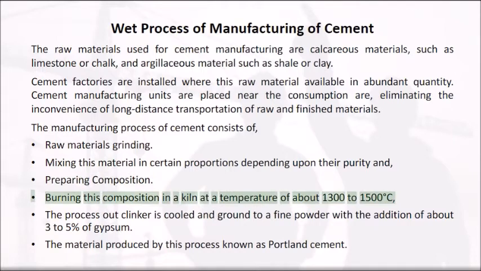Burning this composition in a kiln at a temperature of about 1300 to 1500 degrees Celsius. The clinker produced is cooled and ground to a fine powder with the addition of about 3 to 5% of gypsum. The material produced by this process is known as Portland cement.